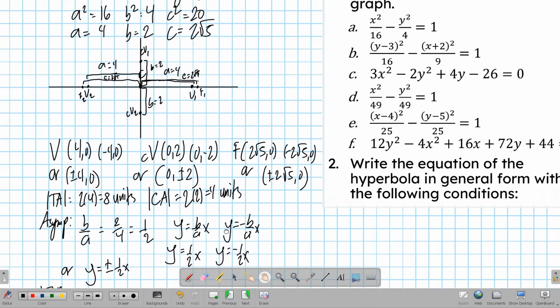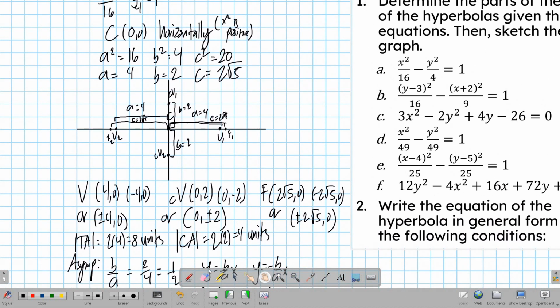If we show that in our illustration here, if that's our focus, then this point here is our ELR, and also this point here is our ELR. And here and here is our other ELR.